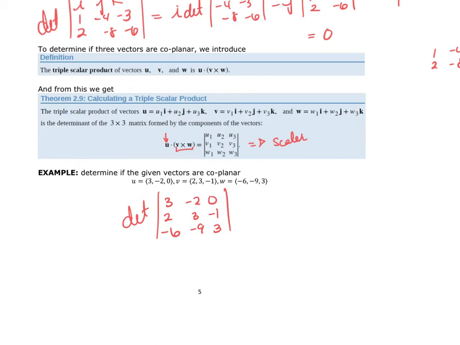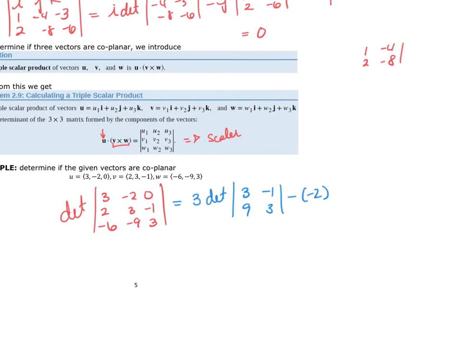The algorithm that we use is still the same. This time it's going to be 3 times the determinant of 3, -1, -9, and 3. And it's going to be minus -2 because it's always plus, minus, plus, minus. It's by the definition. And then it's going to be the determinant of 2, -1, -6, and 3. And lastly, 0, we love 0, times the determinant of 2, 3, -6, and -9.